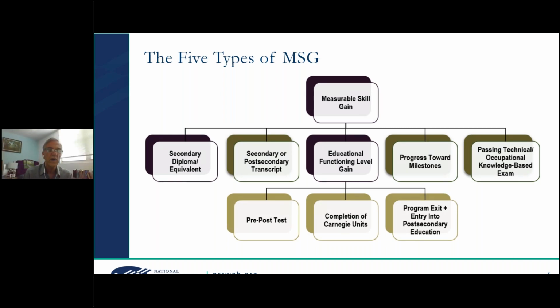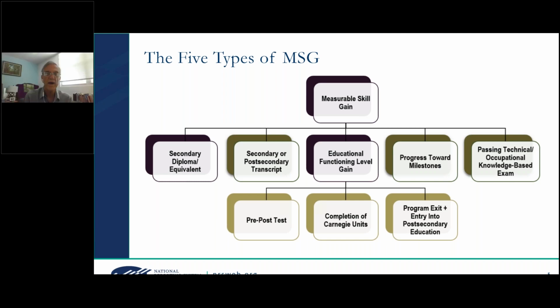And of course, we also include receipt of a secondary diploma for counting as MSG. So the other 3 are now allowed for workplace literacy and IET participants. This is transcripts, progress toward milestones, and passing the occupational exams, or making progress toward achieving those skills.